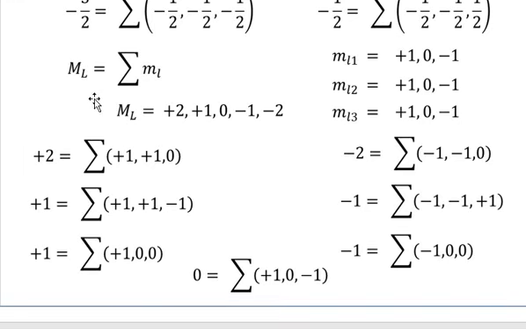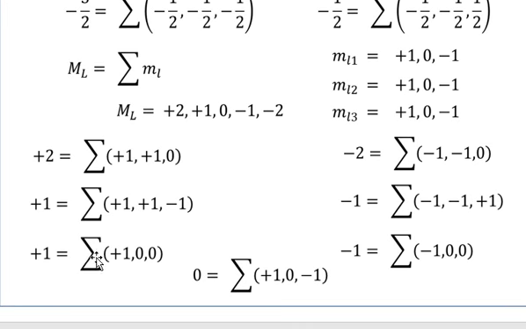So the total ML that we want to construct out of these is plus 2, plus 1, 0, minus 1, minus 2. If you have a plus 2, you have a summation of plus 1, plus 1, and 0. The order of these is not important. Similarly, if you want to construct a minus 2, you can combine minus 1, minus 1, comma 0. Similarly, if you want to construct a plus 1, there are two possibilities.